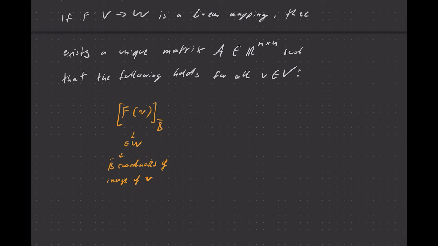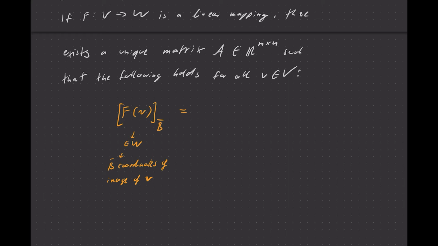And remember, you can always think of V being R to the n, W being R to the m, and then just take the canonical basis. Then the image itself is equal to its coordinate vector. But for the general case, we'll need those coordinates here to get actual numbers.